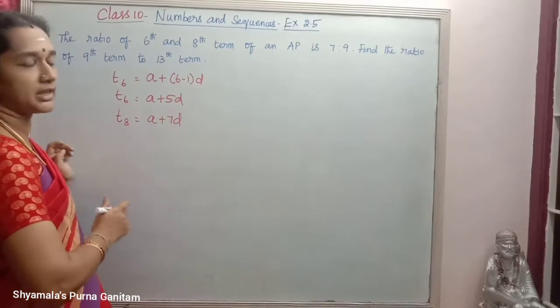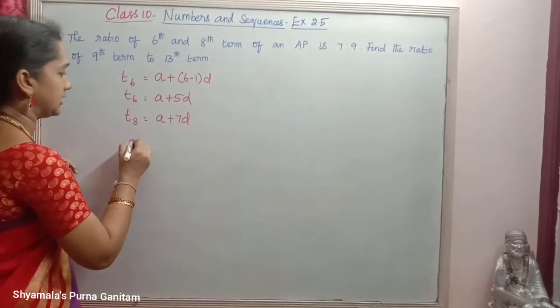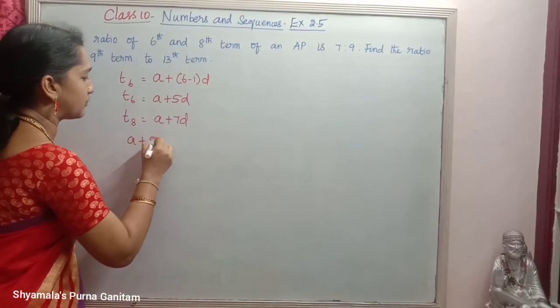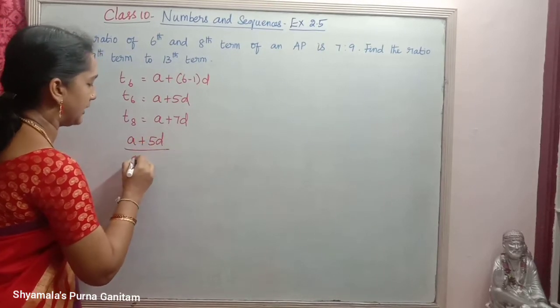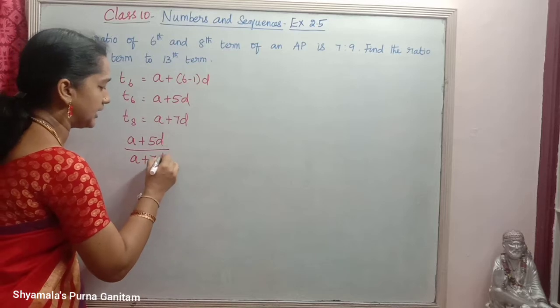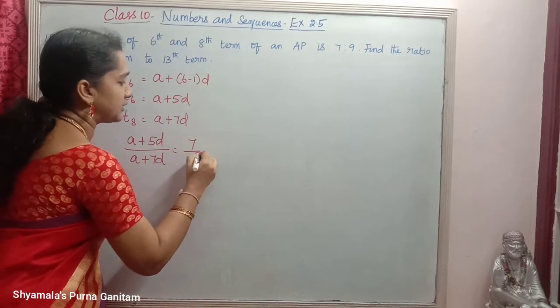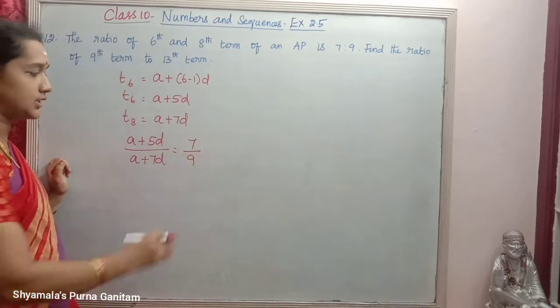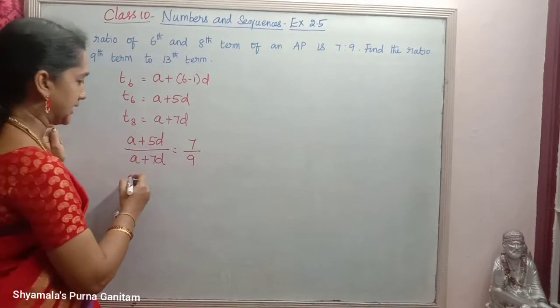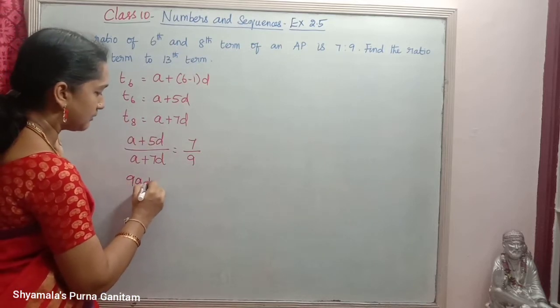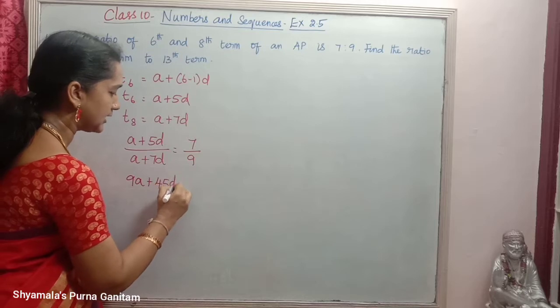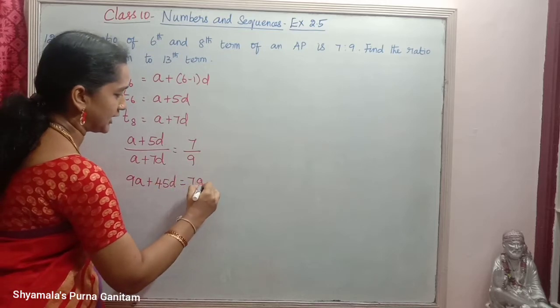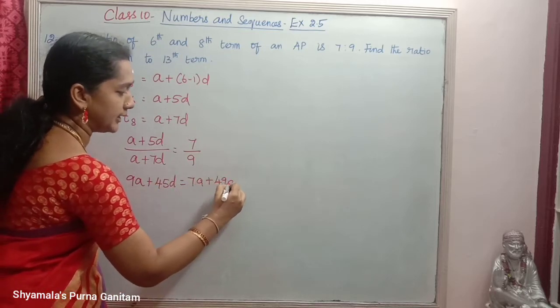The ratio of the terms is given as 7:9. So (A plus 5D) divided by (A plus 7D) is equal to 7/9. Now I will cross multiply. That is 9A plus 45D is equal to 7A plus 49D.